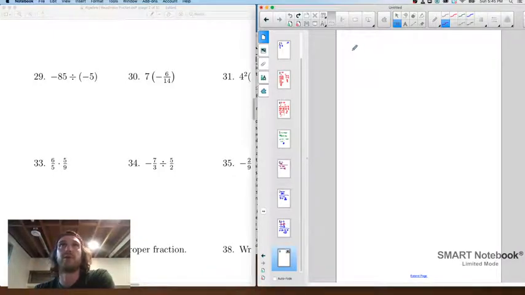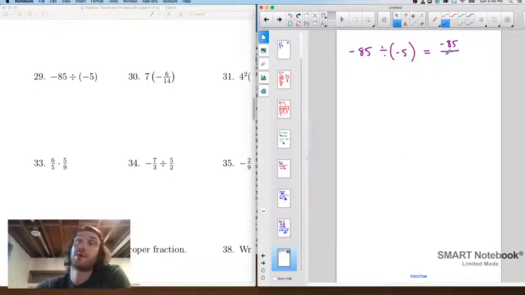But the first one is negative 85 divided by negative 5. Now, you can write that, writing division like this, you can also write it as a fraction. So that's what I'm going to do. A negative divided by a negative, or a negative times a negative, is always going to be a positive because the signs agree. Just like a positive times a positive is a positive, and a positive divided by a positive is a positive. Your answer will only be negative when the signs are different.